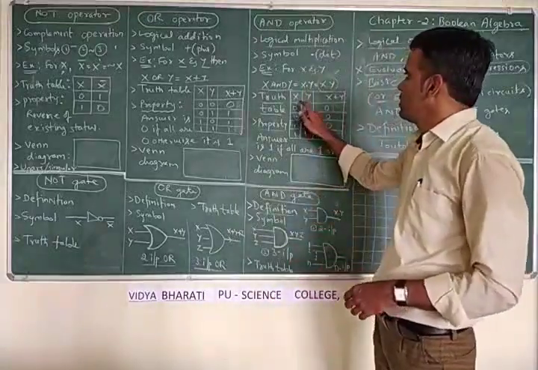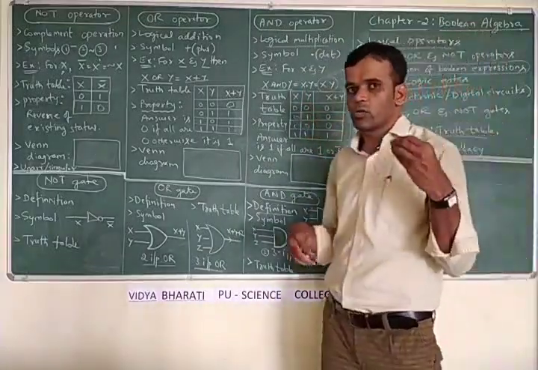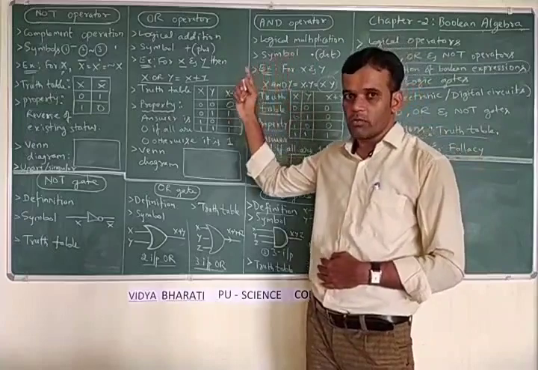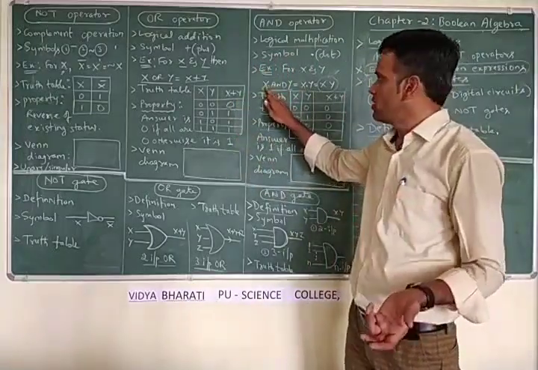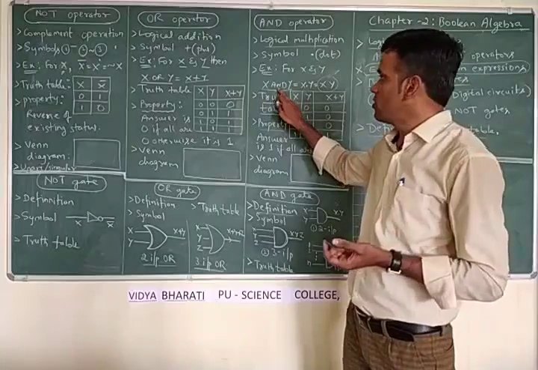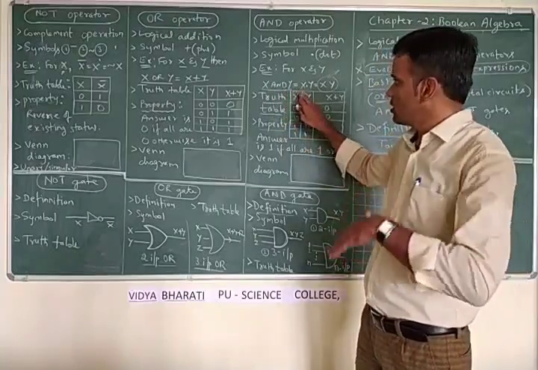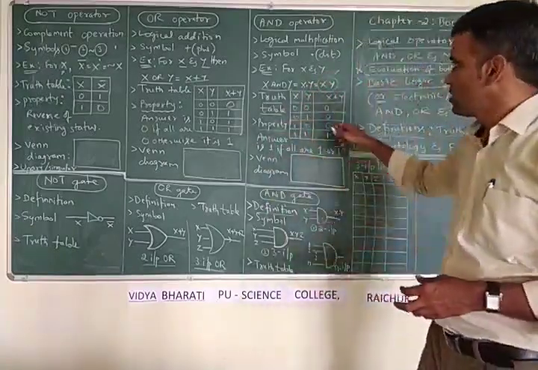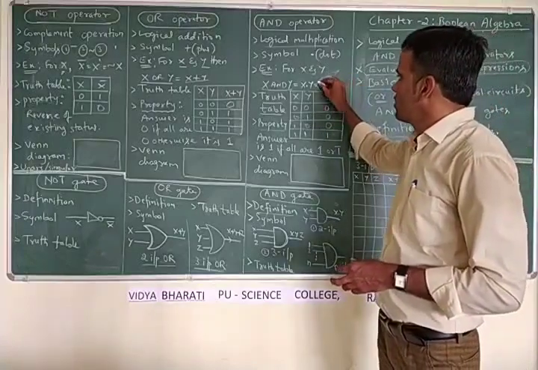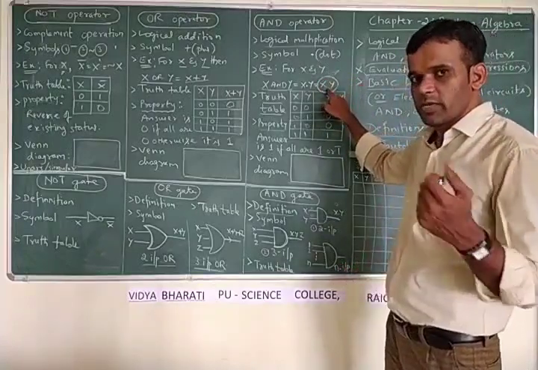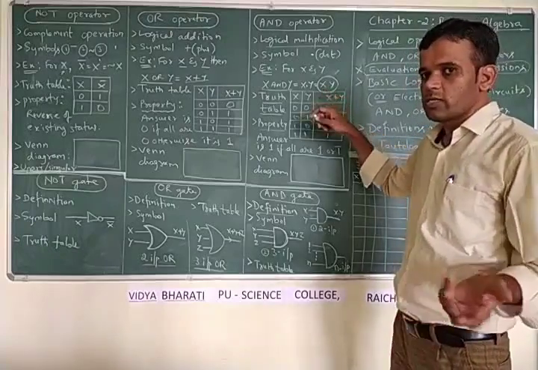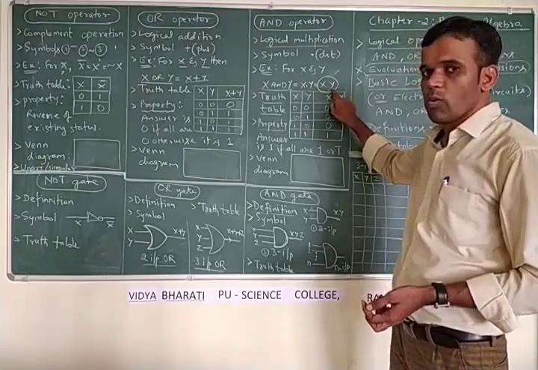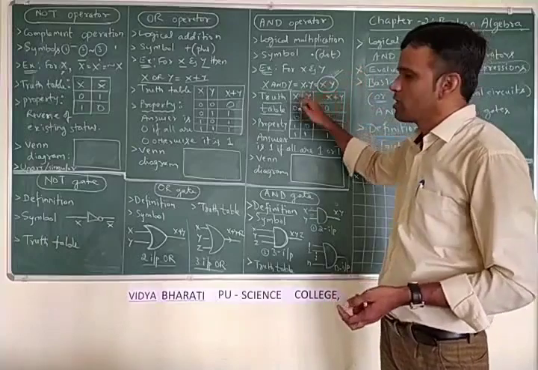See here, if x and y are the two operands, then when you apply the AND operator, you can write it normally as x AND y, or in Boolean algebra as x dot y, or simply xy. The dot is not necessary, it is implicit. Even if you just write xy, it's understood that it is x logical AND y. We will prefer this one, even the dot is not necessary.